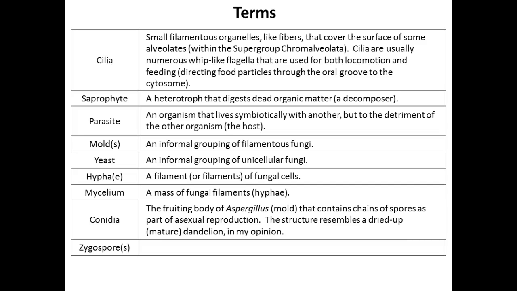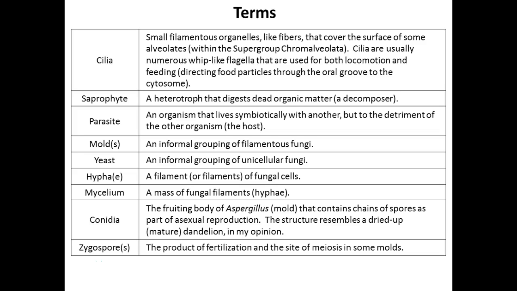Aspergillus kind of looks like that as well. And then when we look at Penicillium, its spores are going to be arranged a little bit differently. Almost looks like brushes. It's actually where it gets its name, brush-like. And then, so that's asexual reproduction, typically when they're forming these aerial fruiting bodies that we refer to as conidia.